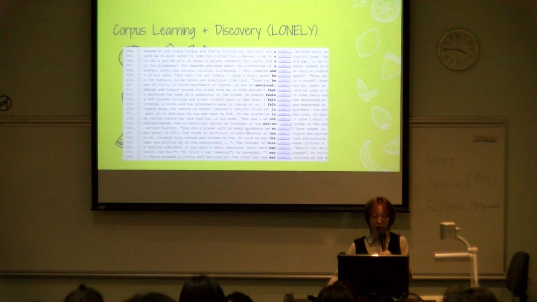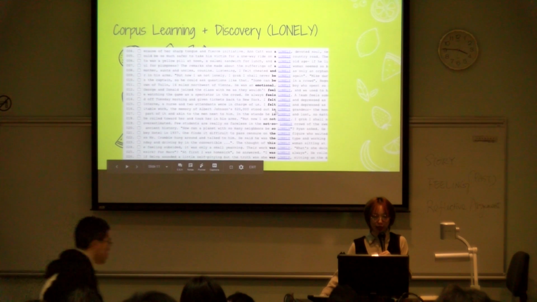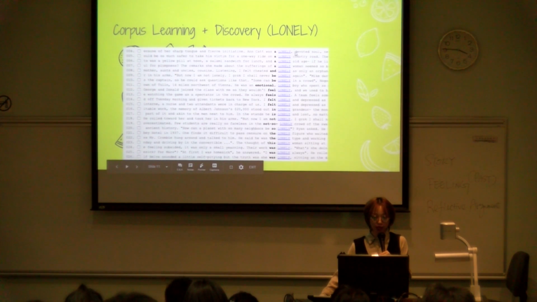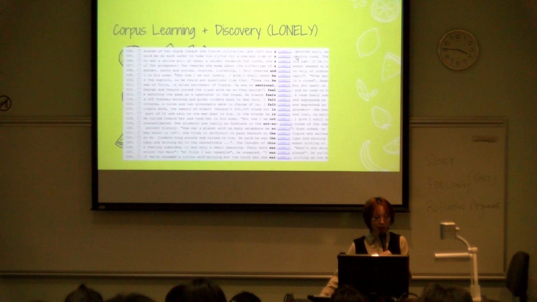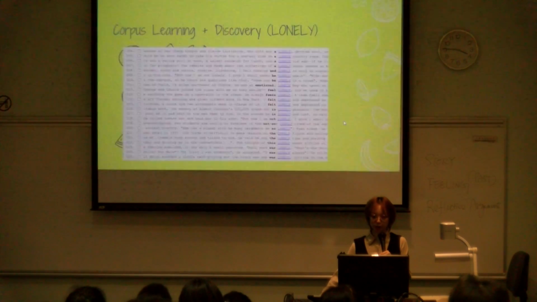Here are also the examples. If the children read the corpus carefully, they may find that lonely can only be used as an adjective, modifier, or noun. There are no verbs after lonely; you can't use it as an adverb here.